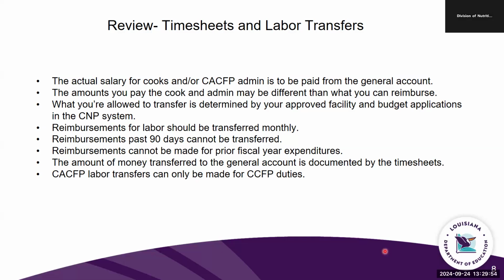So come September, at the end of this month, before you close out, you need to transfer your labor for September, because October 1, we all know, starts off with a new year. That's what we're doing right now: you are getting us your CNP agreements and your sponsor, facility, and budget applications, and we're going through those now.